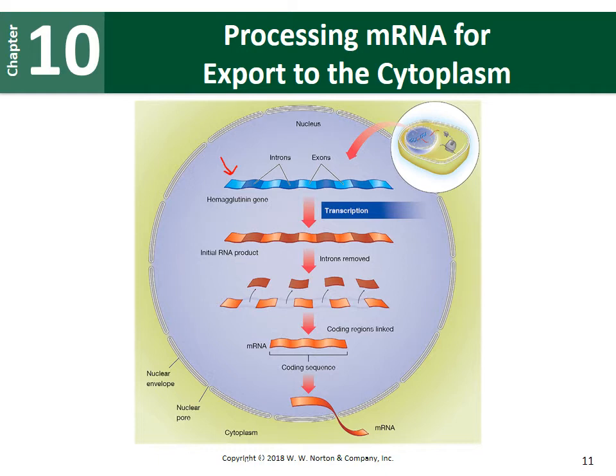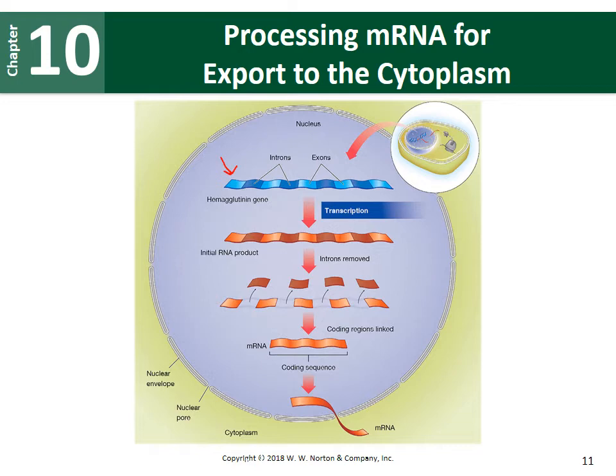The remaining exons, the lighter colored parts, are kept. They are pasted back together to create the mature mRNA molecule. So this happens in the cytoplasm. It allows the cell to clean up the information, or those directions, in that RNA molecule.